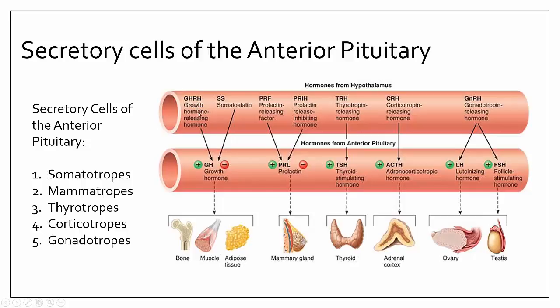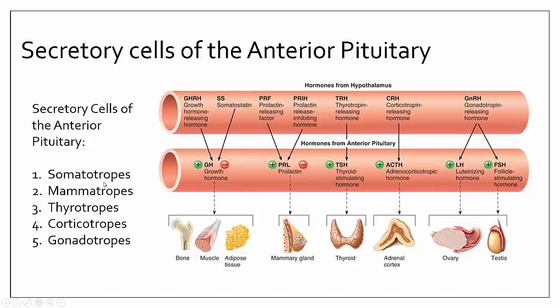GHRH, growth hormone releasing hormone. SS, somatostatin. Okay, so these are hormones from the hypothalamus. They are released into the blood because, of course, that's what this big red tube is, the blood, right, in that first capillary bed. And they travel to the anterior pituitary gland. There, they affect somatotropes.